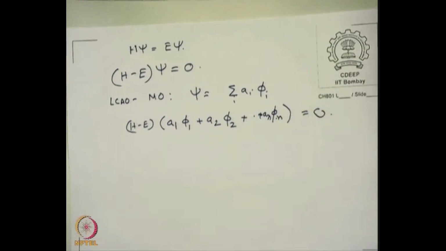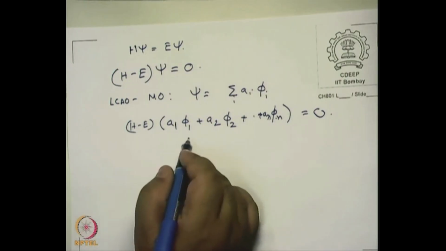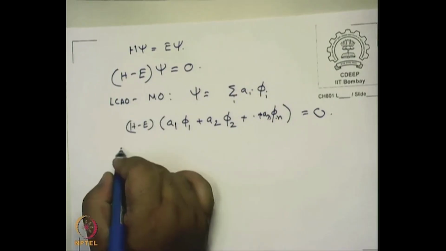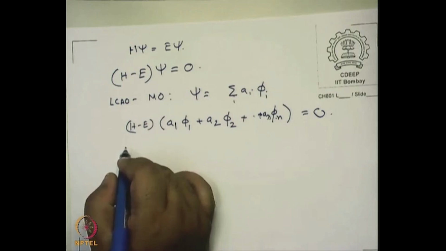What I will try to do is arrive at a set of secular equations, so that I can solve this, because there is no way in which I can know all these coefficients from just one equation. So, the common technique that we use in quantum mechanics is to left multiply by, say, phi_1, let us consider all orbitals to be real for now, and integrate.